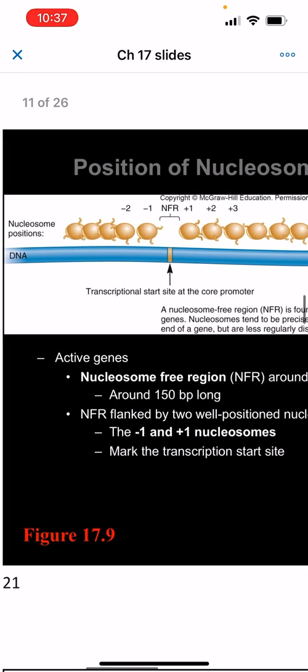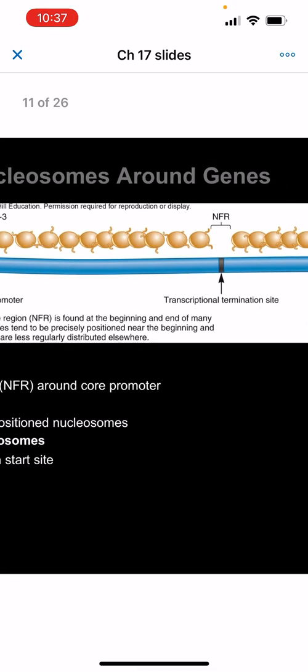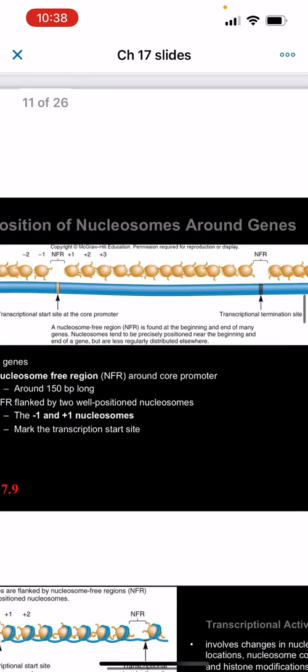So here's the promoter, here's the gene, this is our transcriptional terminator. It turns out that if you look at where the nucleosomes are in a bunch of genes in a eukaryote, you will see that there tends to be a region right around the core promoter that does not have a nucleosome.